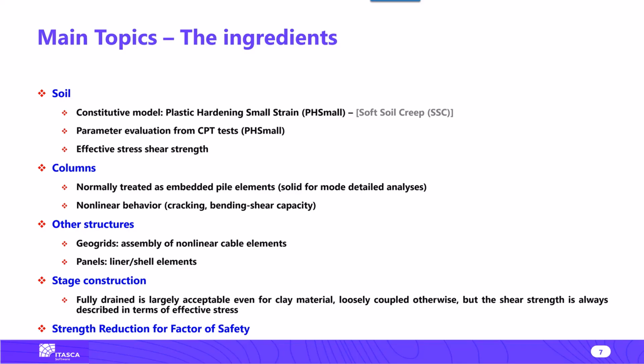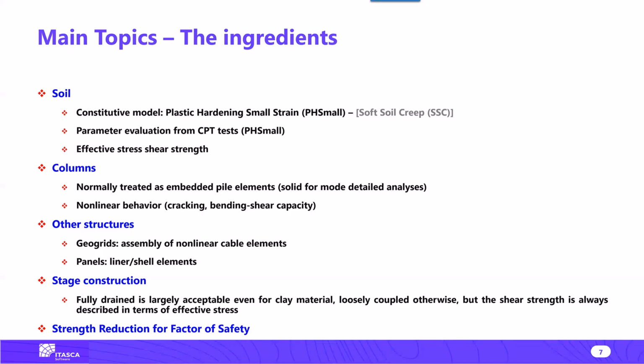Typically, these are geogrids. We're going to touch on the issue when we combine these systems together. And then the stage construction also sometimes is important, especially when there are materials that are draining at a different time scale. Sometimes it's important to also consider the consolidation processes involved.